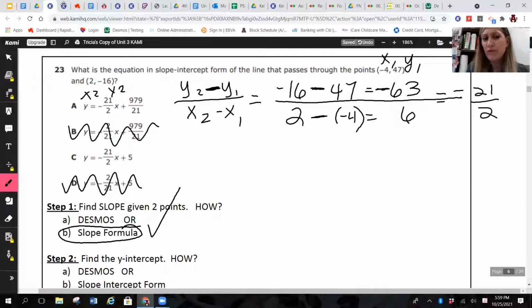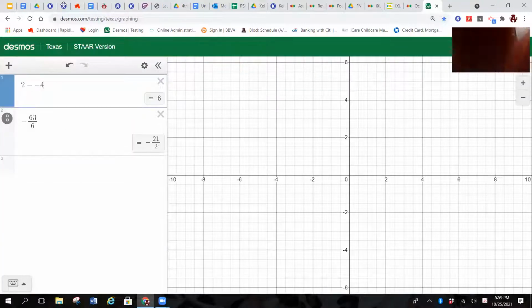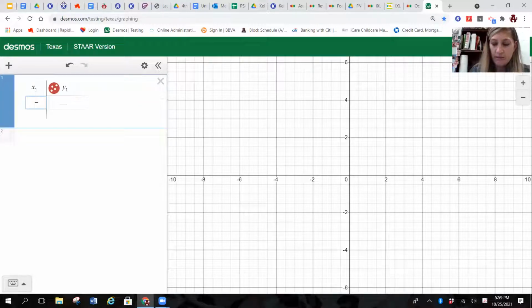But Coach Hughes, what if I wanted to use Desmos and not the slope formula? Okay. What I would have had to do is add a table.